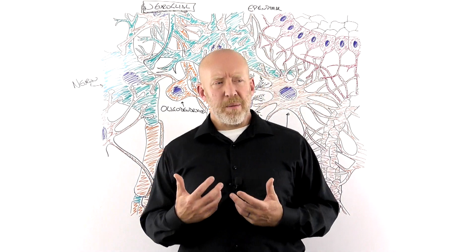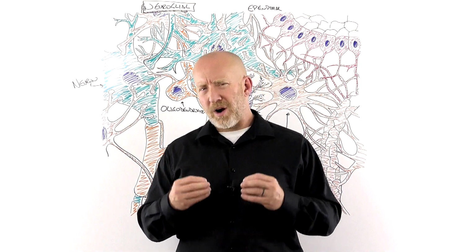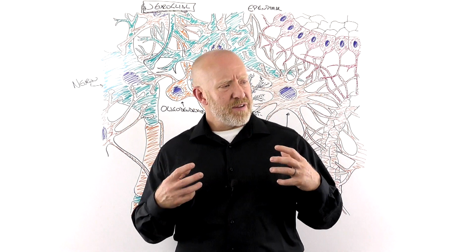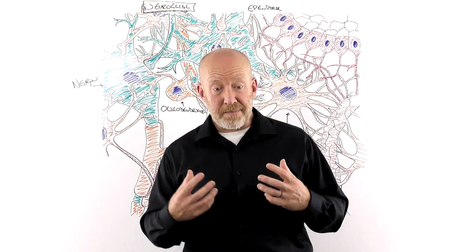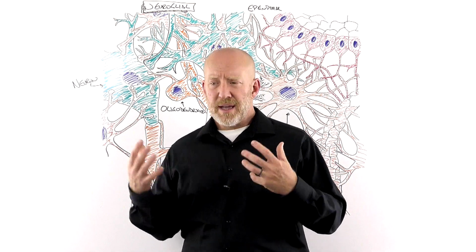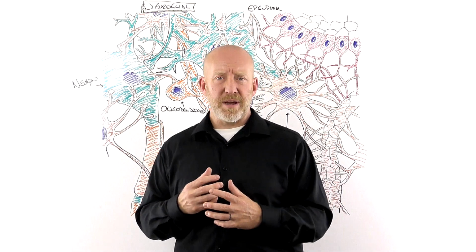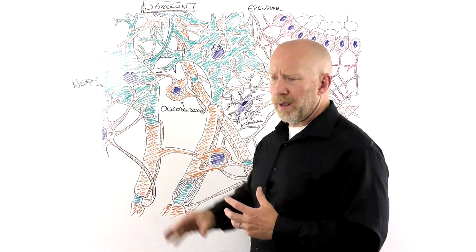Now, if you remember, neurons are highly specialized in what they do. They're very active, they're very energy consuming, because what they're constantly doing is, through their dendrites, taking up sensory information, which is being processed in the cell body.